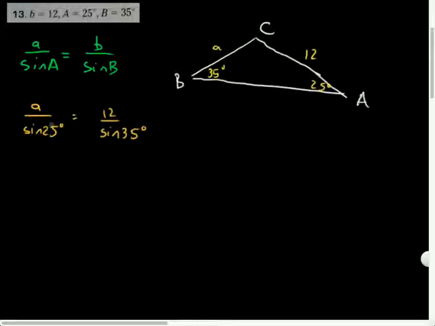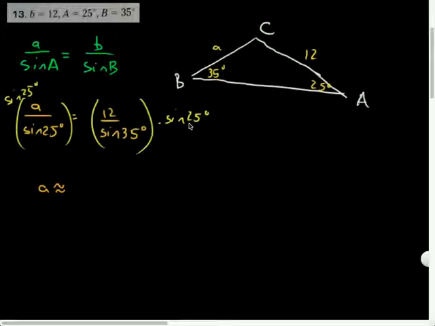So to solve this, I'd multiply both sides by the sine of 25, so I'm going to get a is 12 times sine 25 over sine of 35.